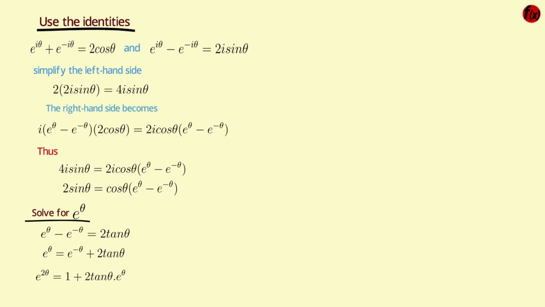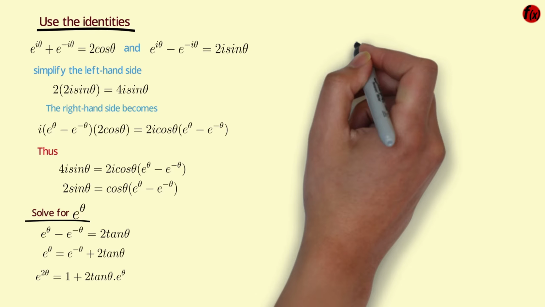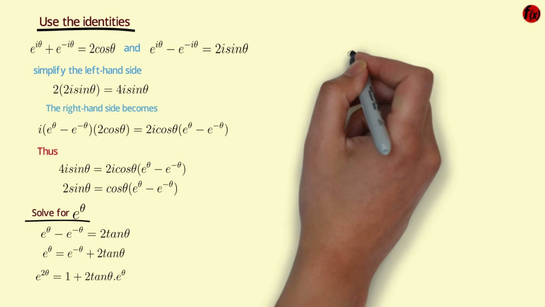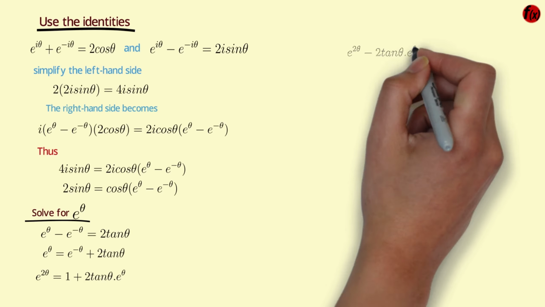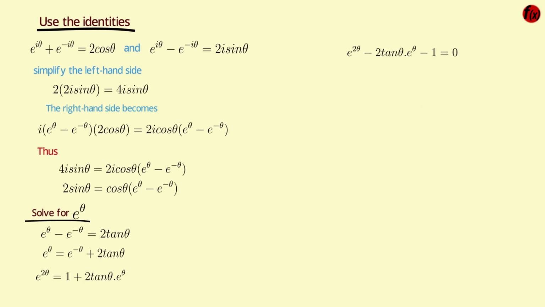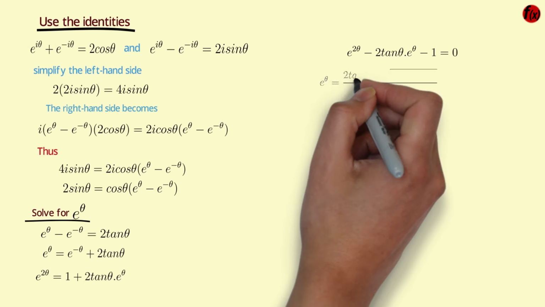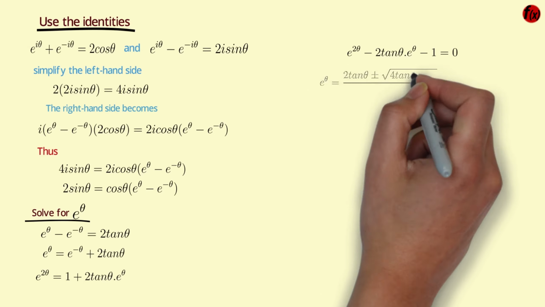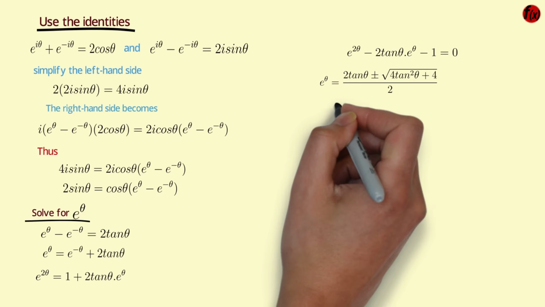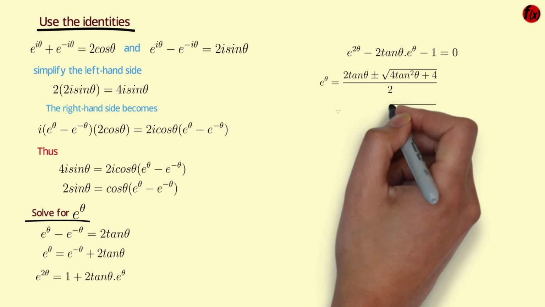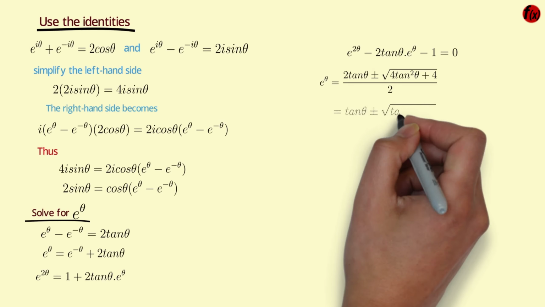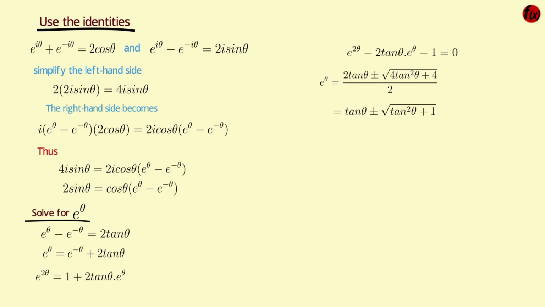Treat this as a quadratic in e to the power θ. Solve for e to the power θ using the quadratic formula. Because e to the power θ is greater than 0, we take the positive root.